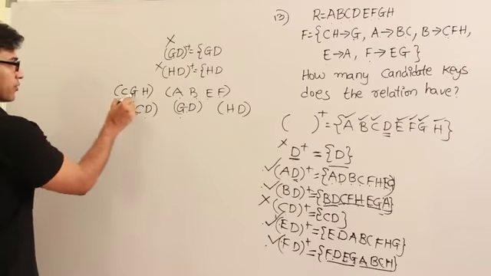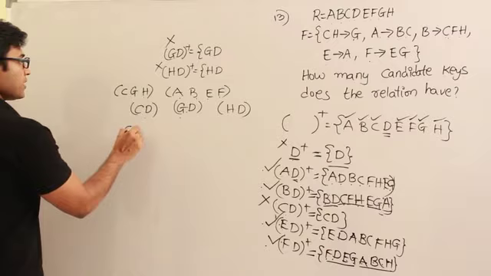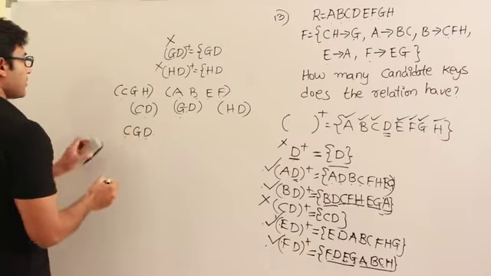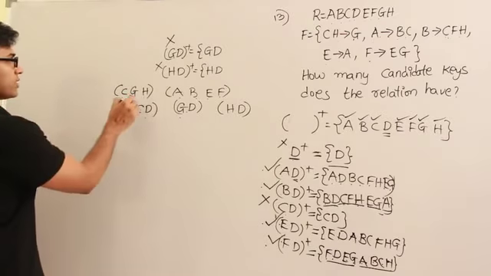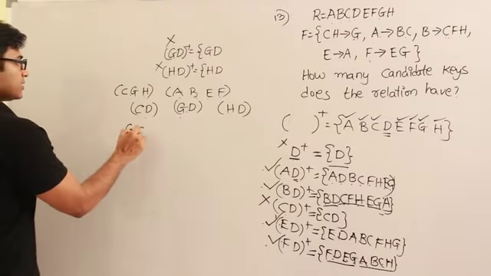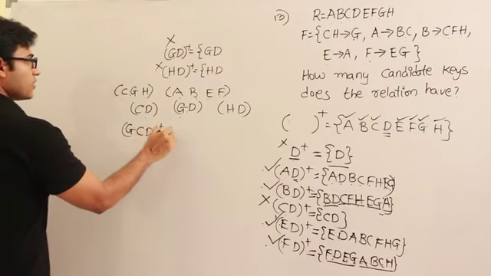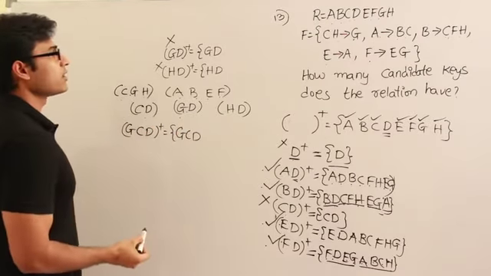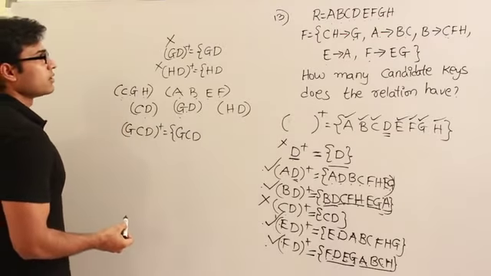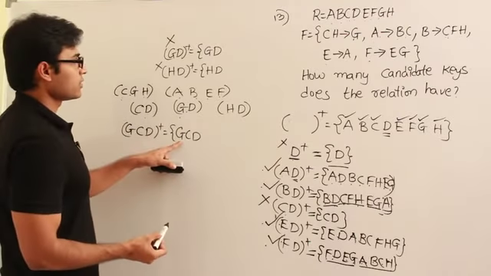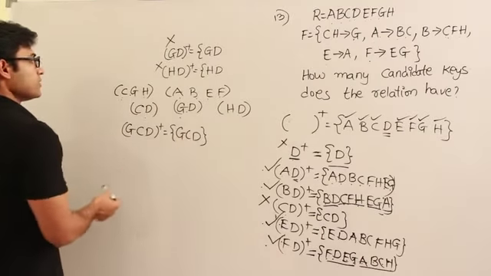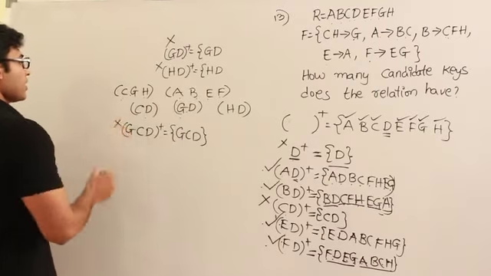C is already there, I'm going to add G to this and test C, G, D plus. So what do we get with this one? I get G, C, D, and can I get anything else? I'm not going to get anything other than this. You can check it. So it is not a candidate key.